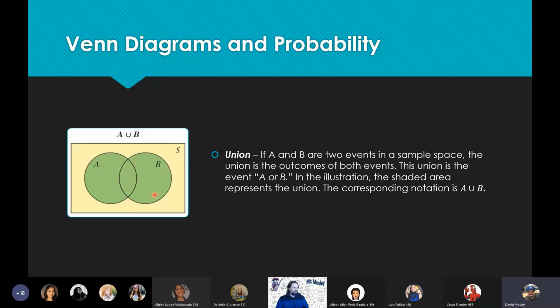So we see it's just everything between A and B. The corresponding notation is A, this kind of like U-looking shape, the flipped version of the and shape, B. And we read that A union B or A or B. Okay. So this much better illustrates the difference between and or within probability and other fields of mathematics.